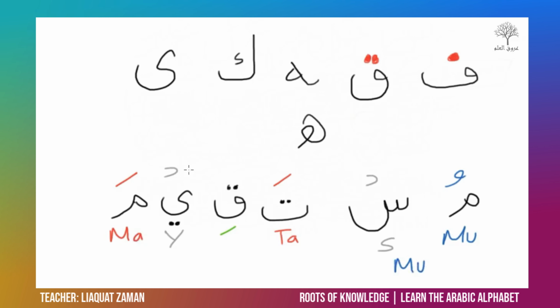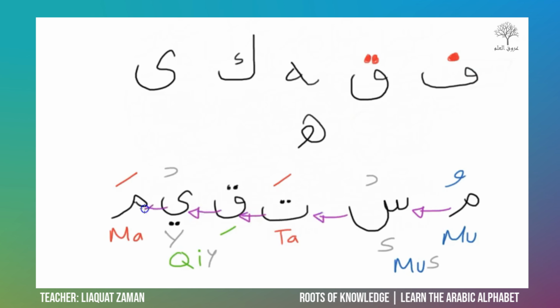And then we have the qaf and ya, qa, ya, qi. Mustaqima, mustaqima. Now we join these letters together.